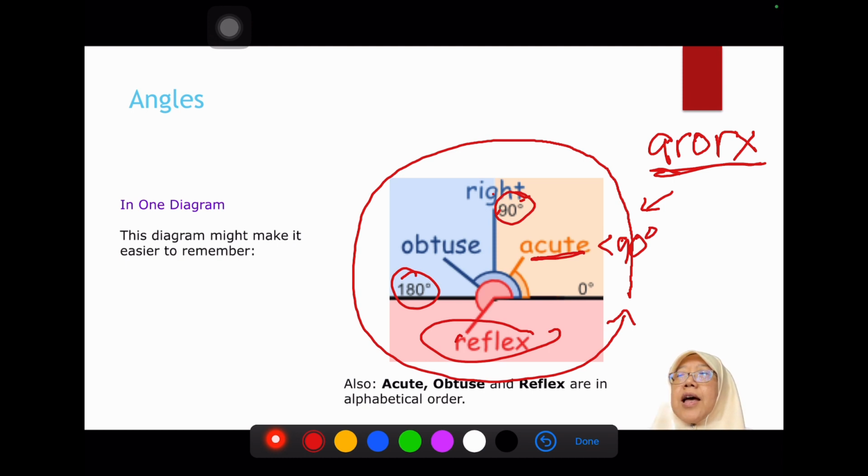For example, Apple, Row, RX. Maybe it's a name of a bicycle or something. So this is how you remember the different angles in this lesson.